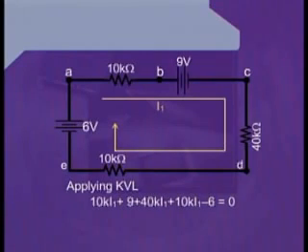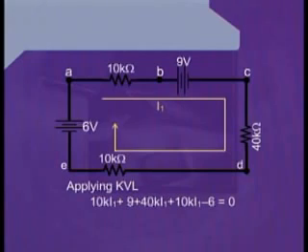Therefore, we have written plus 40K I1. We pass through the 40K element to reach the point D. Once we reach the point D, we will be looking towards the point E, and we encounter another resistance having a value of 10 kilo ohm as well.